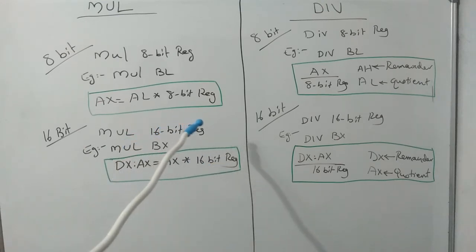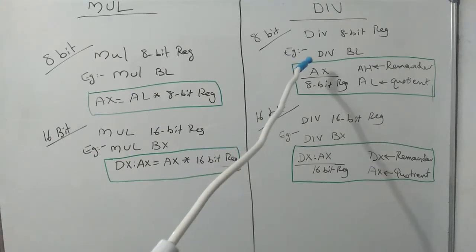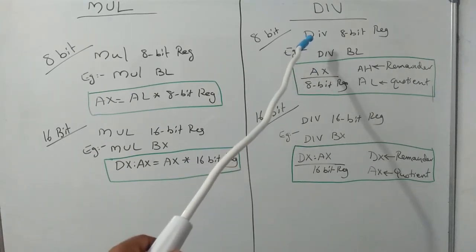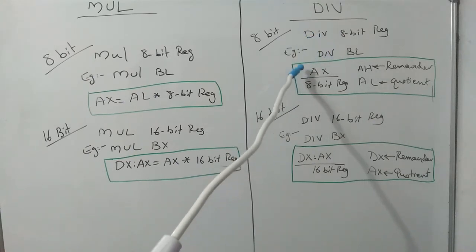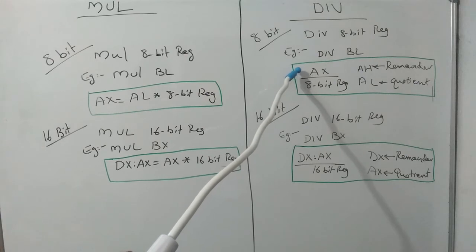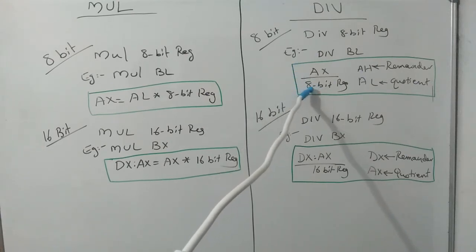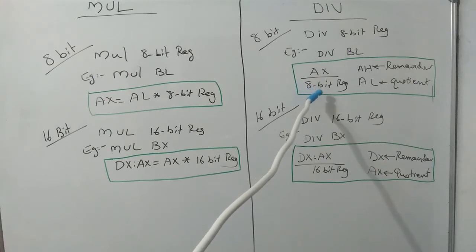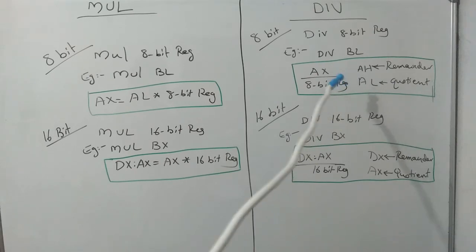See the 8-bit division. Example is div BL, div an 8-bit register. It will divide the content of the AX register by the content of the 8-bit register specified along with the instruction. Your quotient will be stored in AL and your remainder will be stored in AH.